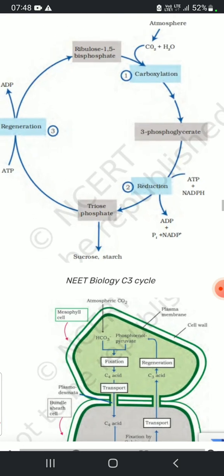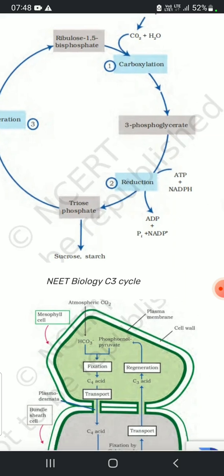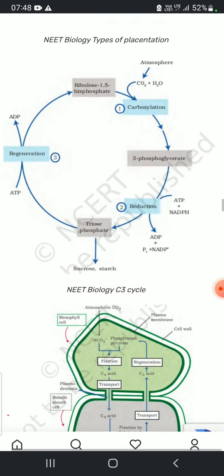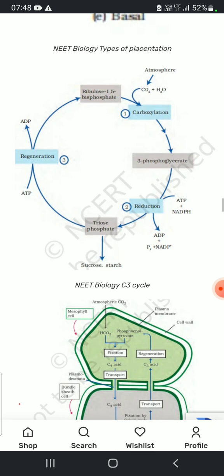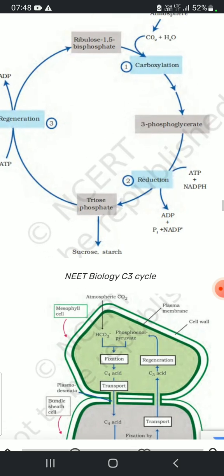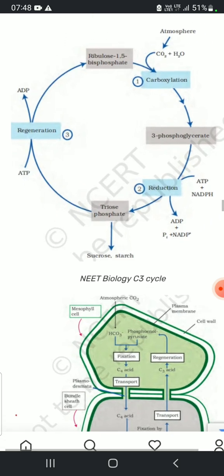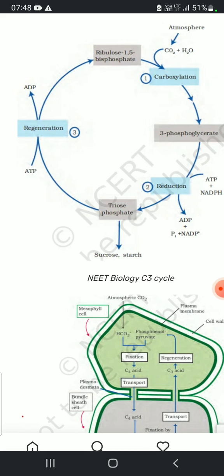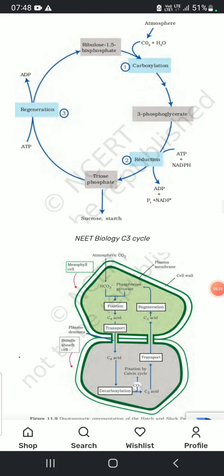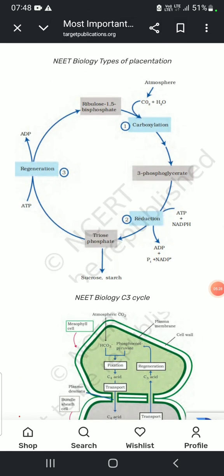Then in reduction, 2 ATP and 2 NADPH are used. After reduction, triose phosphate is formed, and then there is regeneration, in which 1 ATP is used. So remember, firstly after carboxylation 3-phosphoglycerate comes, then triose phosphate comes after reduction.